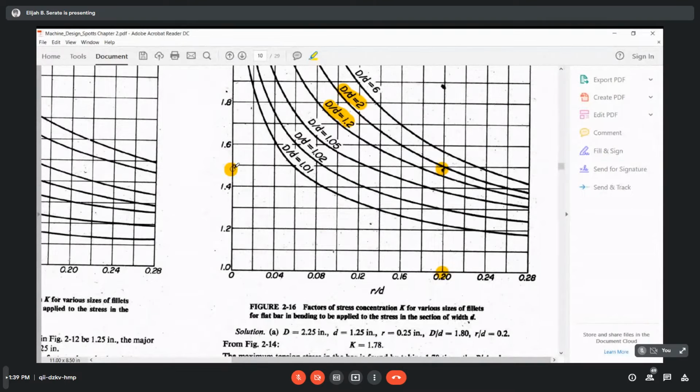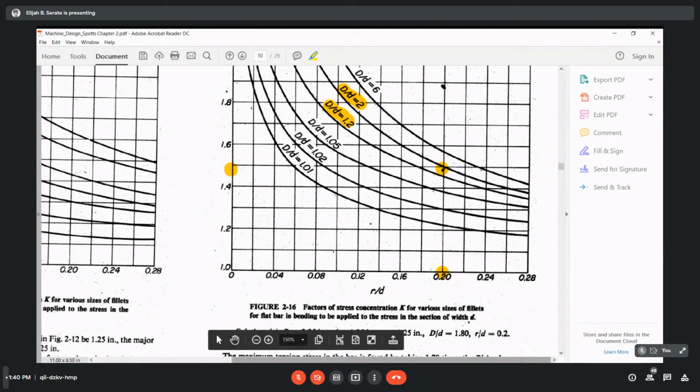Okay na? That is how to use these figures to determine the stress concentration factor K. There are many other figures, if your material is a shaft or a flat bar, depending on the kind of loading, whether it is tensile or bending moment.